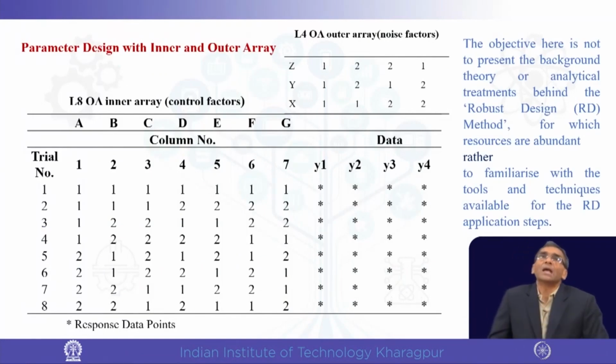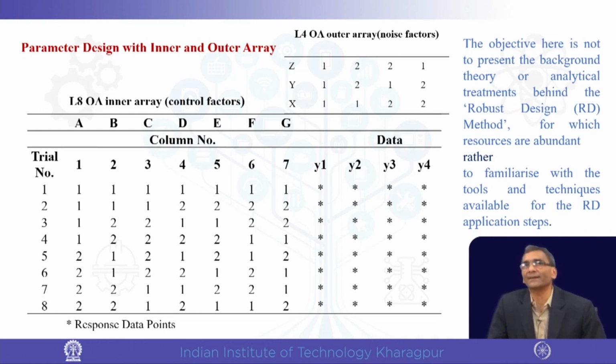Now, this is what you will see when you study anything in parameter design. I will soon after give all the links from where you can see this. This is a combination of two arrays. One is L8 for the inner array or control array, which Taguchi called the inner array, L8 or OA8, and on top you find L4 or OA4, the outer array, which is the noise factor.